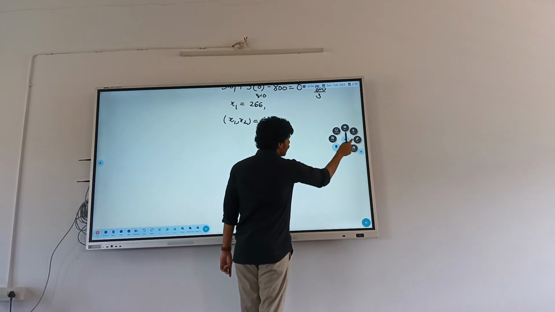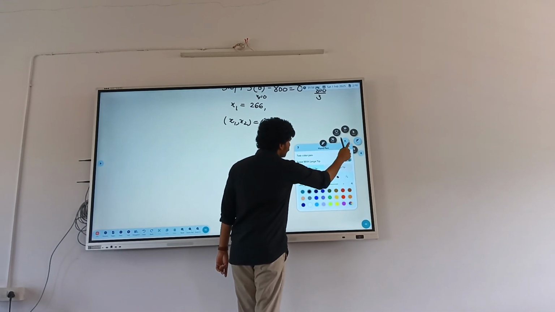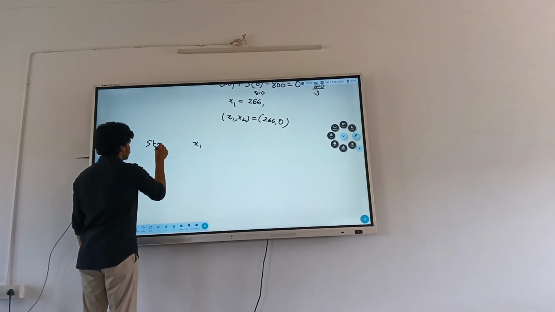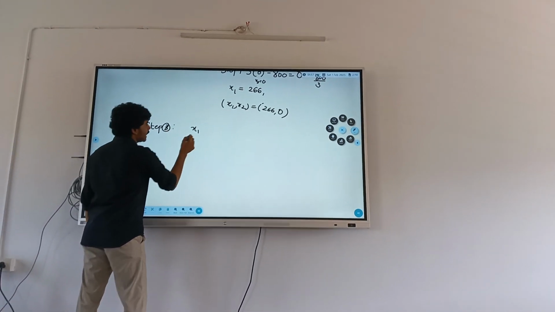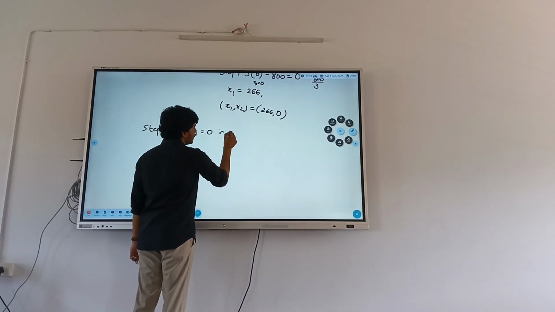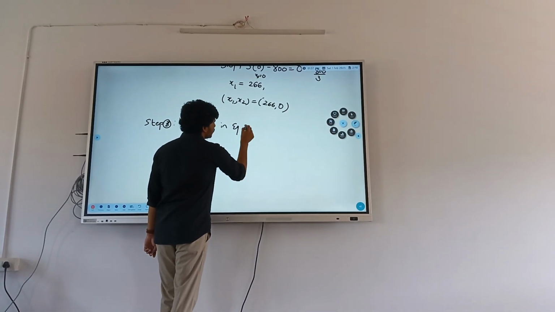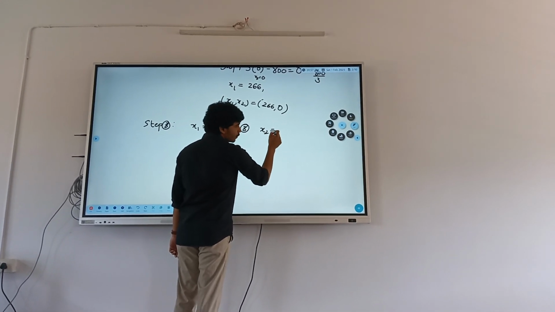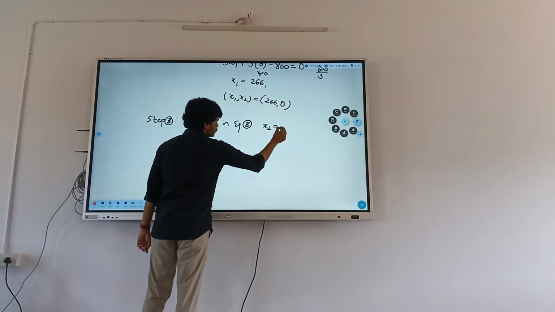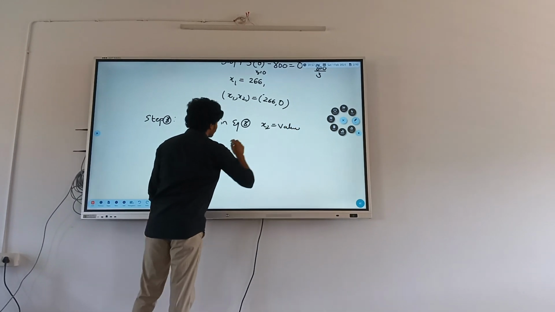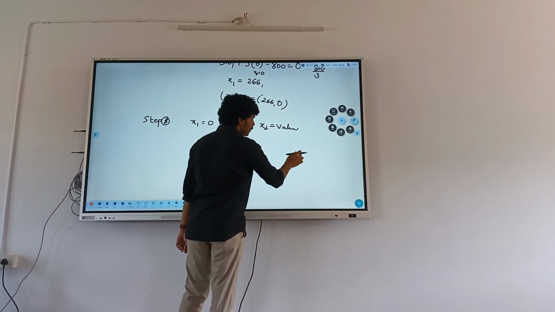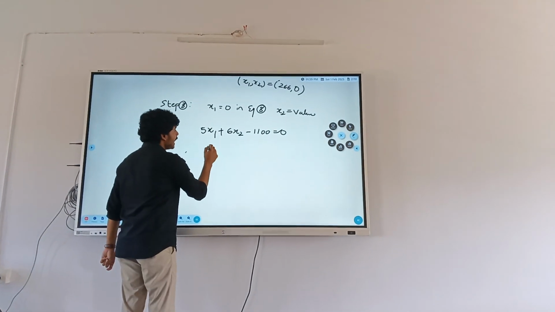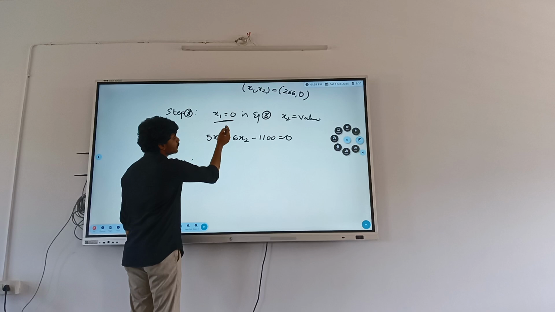Similarly, we assume x1 as 0 in equation 3 so that we can find the x2 value. This is equation 3, and we assume x1 as 0.